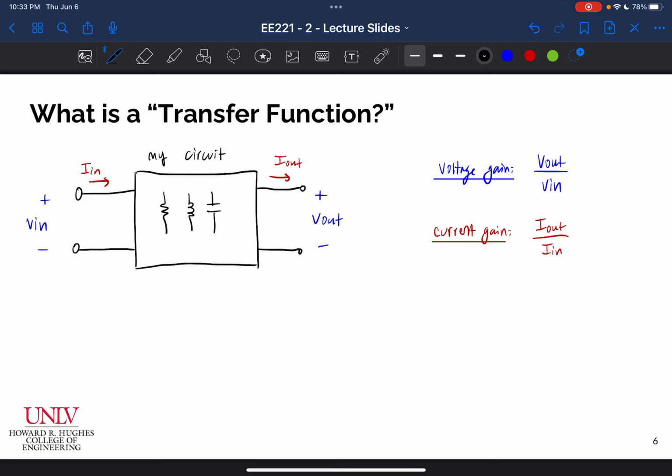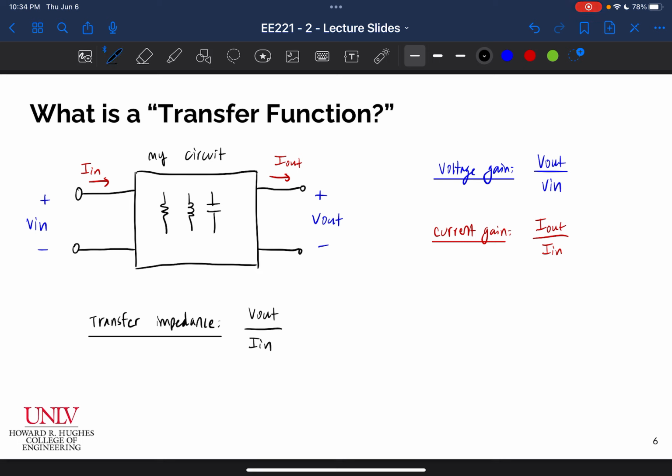We can derive what's called the transfer impedance. If I want to derive the transfer impedance, that would be the ratio of the output voltage to the input current. Okay, so that's another type of transfer function, the transfer impedance.